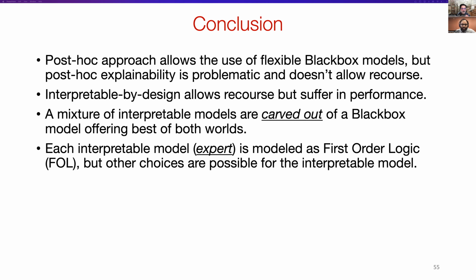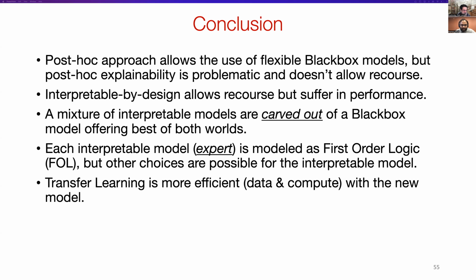Each interpretable model, or expert, is modeled as a first-order logic, but other choices are also possible for the interpretable models. For example, someone can use ProtoPNet, decision tree, or logistic classifier, whatever they want to use. And transfer learning is more efficient in terms of data and compute with our new model.